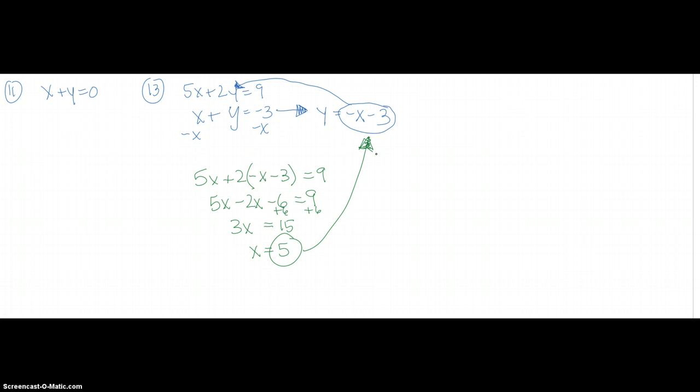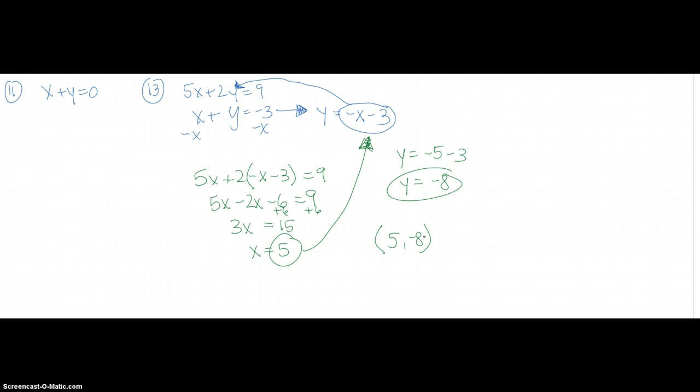So if we take x, which is 5, and plug it in, we get y equals negative 5 minus 3. And so that's y equals negative 8 because negative 5 plus a negative 3. So if you write it as a coordinate, you have 5 comma negative 8.